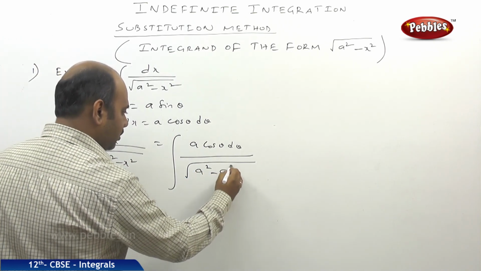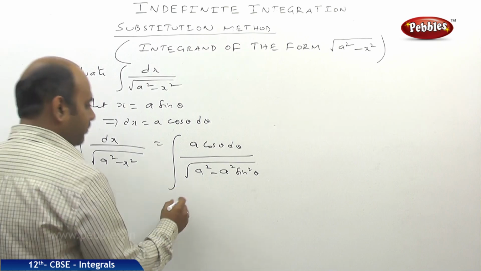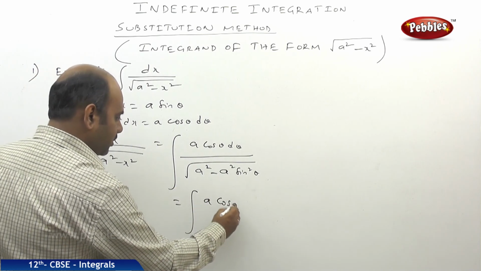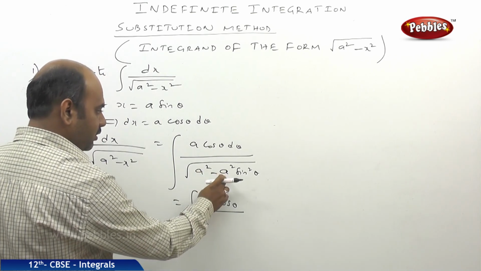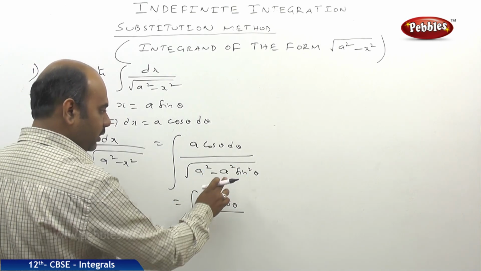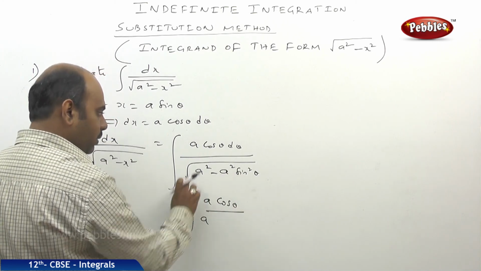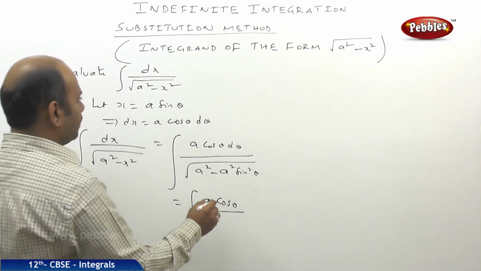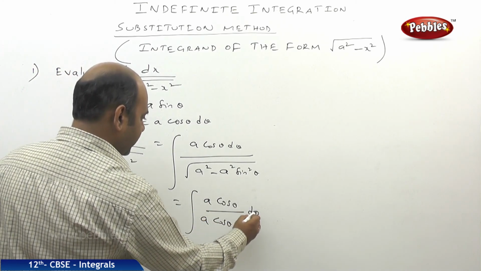So this turns into a square sin square theta. So finally that becomes a cos theta divided by under root of a square into 1 minus sin square theta, which means a square into cos square theta under the root. So this becomes a cos theta d theta.